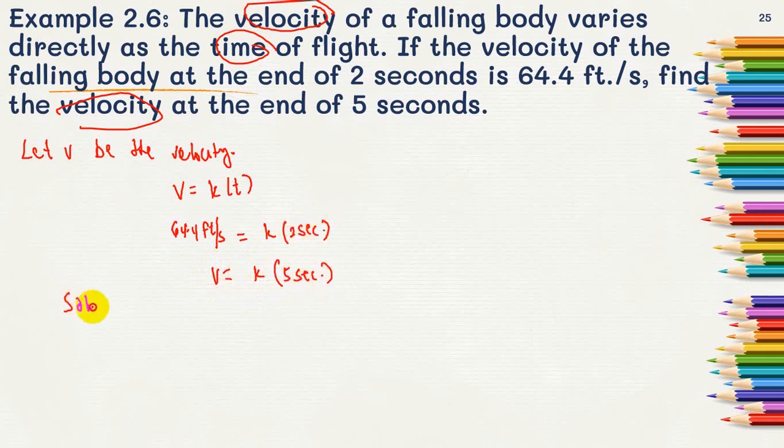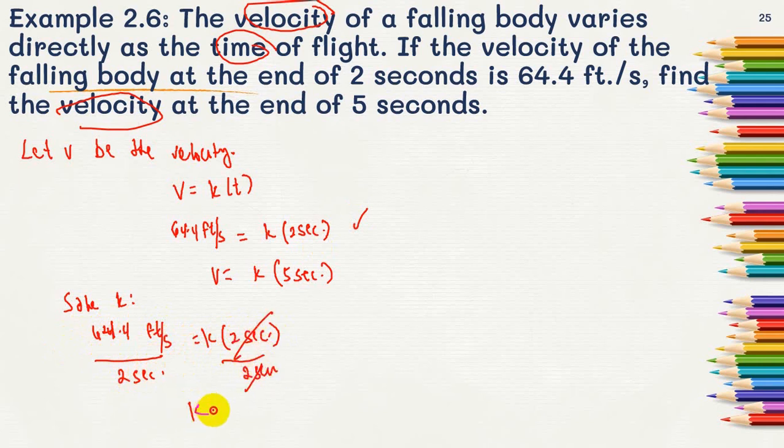So always we have to solve for the K. Using the first equation, 64.4 feet per second equals K times 2 seconds. Divide both sides by 2 seconds.